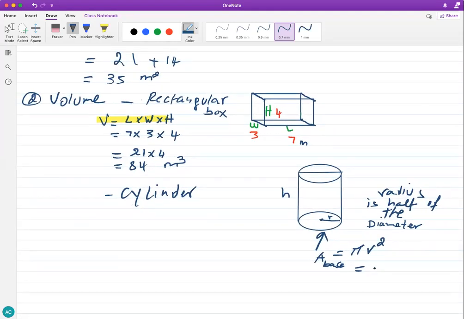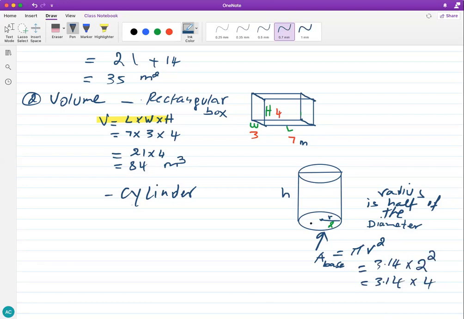The famous pi is 3.14 times whatever r is. In this case, let's give it a value, maybe 2. So we're going to times it by r squared, so it means 2 squared. So r is 2. So 3.14 times 4. So that's the area of the base.